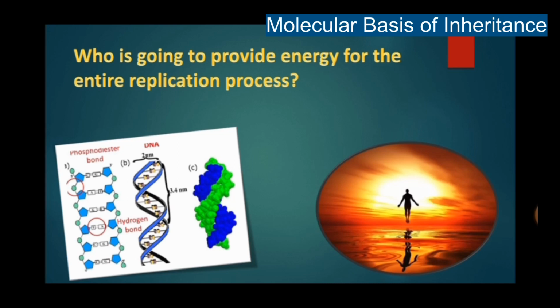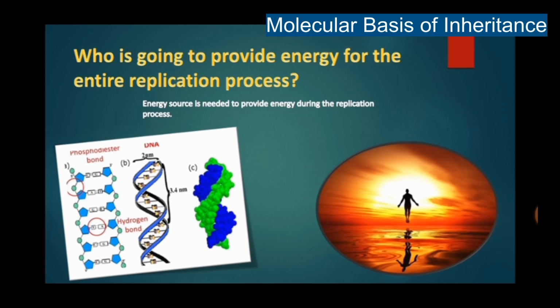So who provides the energy? Because an energy source is needed during the replication process, so who provides this energy? There has to be somebody who will provide all the energy which is needed by the replication.